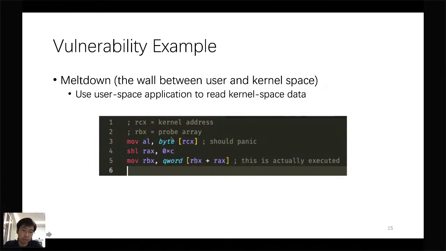So this causes the value of the kernel address to really be read into the register AL, and the register AL means the low end of the register RAX. After that, in the following, we'll explain how we use the side channel attack to read the value of RAX, so we can know the value at a kernel address.